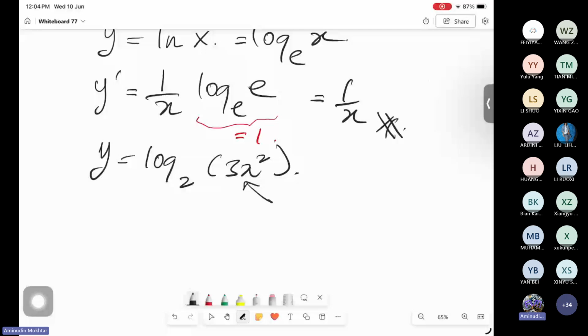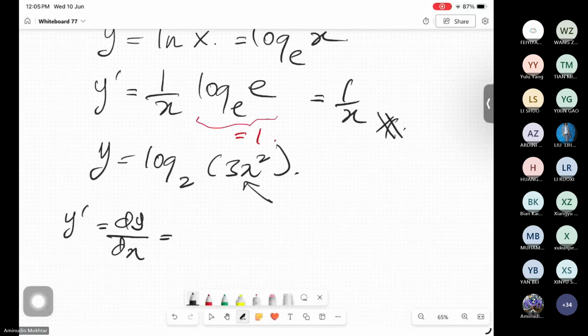So in order to find dy/dx, y prime, based on the rule of the derivative for log, it is equal to 1 over 3x squared log 2e.